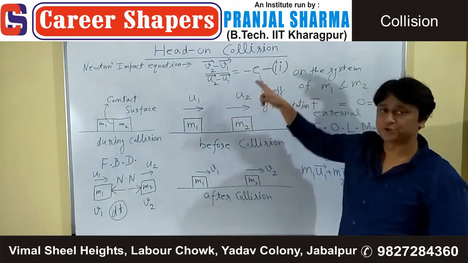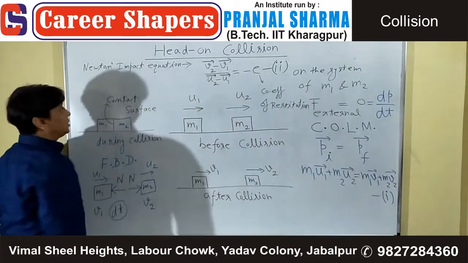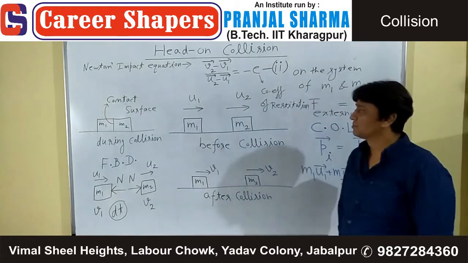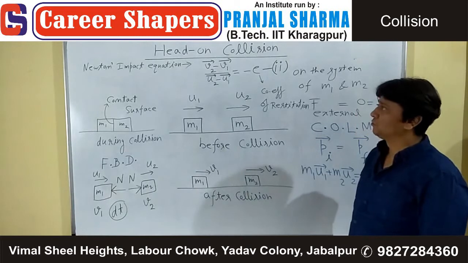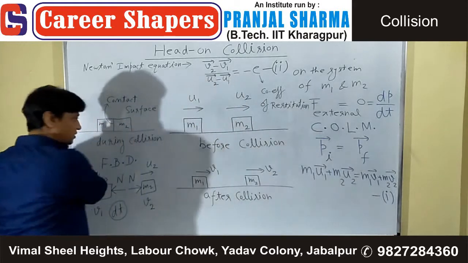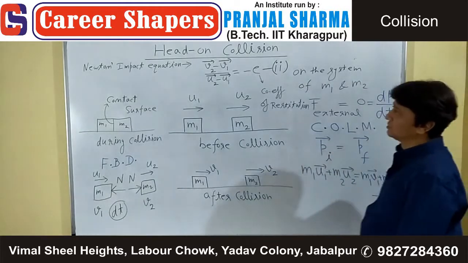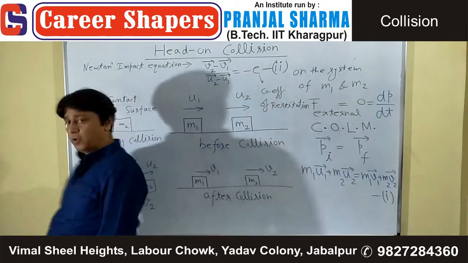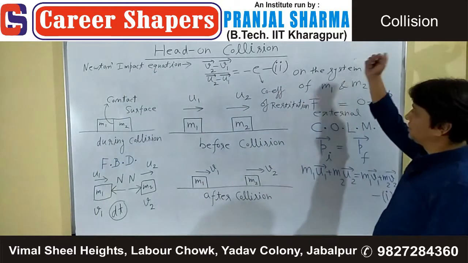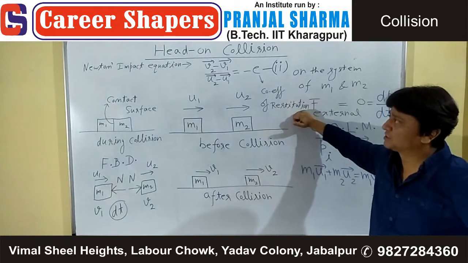Write down this second equation as a statement. Write down this Newton's impact equation. According to Newton, the ratio of relative velocities after collision with that before collision is a constant for a given set of objects.